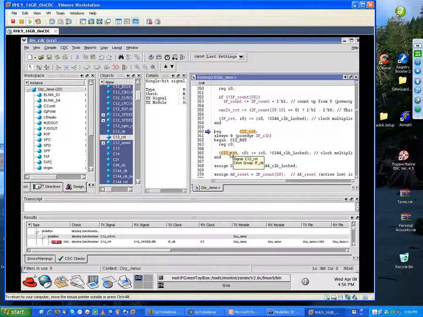I didn't do it originally in this code because I was just trying to get it converted over and get things done, so I didn't go through and put all these prefixes on, but I'm starting to do some of that now. So in this case, my C12 underscore prefix means that this signal is in my 12 megahertz clock domain, whereas the IF underscore prefix is for a different domain.